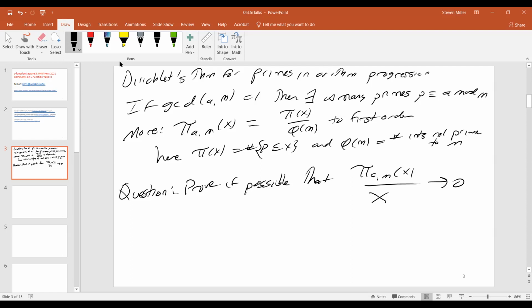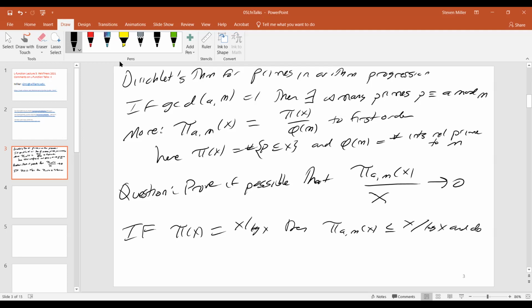Can you just approximate pi of x by x over log x? So if you're willing to use that pi of x is x over log x, then pi_{a,m}(x) is less than or equal to x over log x, and done. So as long as you can get some kind of elementary bound on pi of x, you win.